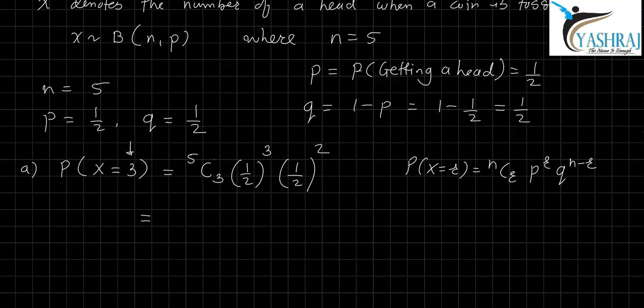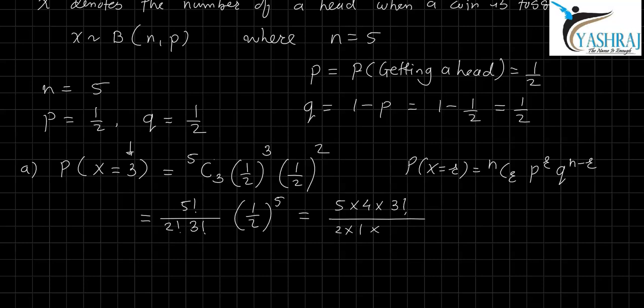We have 5C3 as 5 factorial divided by 5 minus 3, which is 2 factorial, into 3 factorial, into half to the power 3 plus 2, which is 5. Now convert 5 factorial in terms of 3 factorial. We get 5 into 4 into 3 factorial divided by 2 into 1 into 3 factorial.